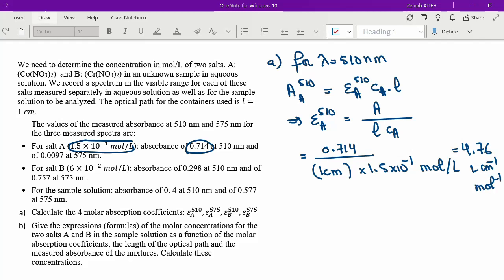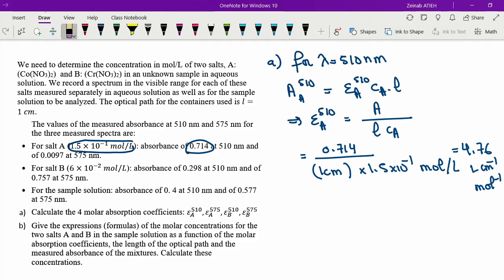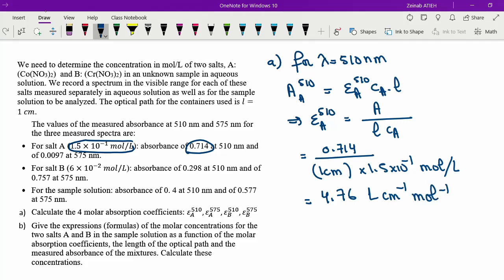Let me write it down. Mole per liter, which is equal to 4.76 liter centimeter minus 1 mole minus 1.